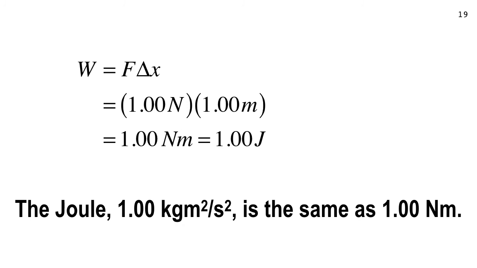Anyway, so the Newton meter. When we're doing calculations with the work formula, and we want to do some cancellations, sometimes we're going to want kilogram meter squared per second squared if we want to cancel kilograms.